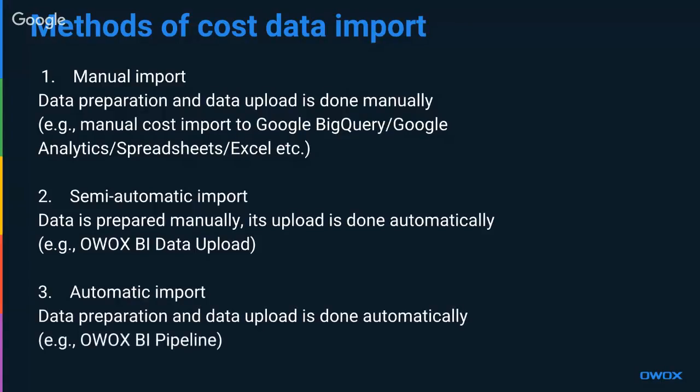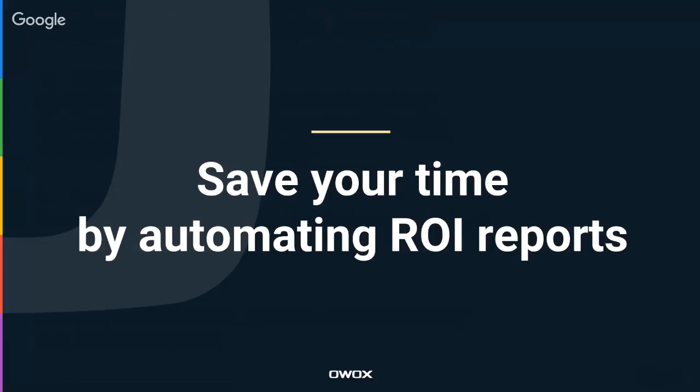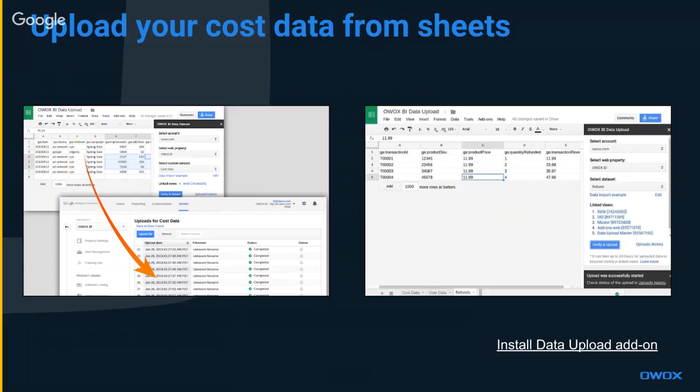Yeah, I'll start from the semi-automatic import. So it's a little bit more advanced than the manual one. You do not just upload CSV, but you can use a one-click solution. And basically, we developed it for ourselves initially, and then shared it with our customers. And it's called OWOX Data Upload Add-on.